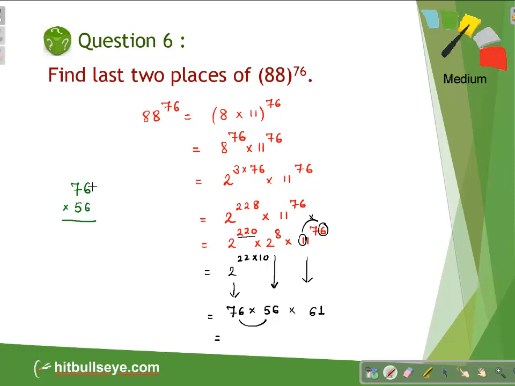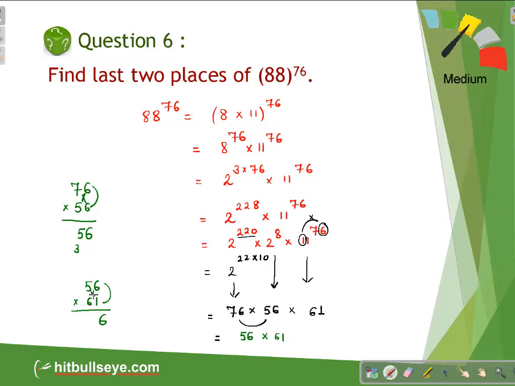In one line we will multiply. 6 into 6, 36, so 3 is carried forward. Now we will take the cross multiplication here, which comes out to be 75. So I am considering only 5, since we were interested only in the last two places, so I am leaving the rest. It is ending in 56 into 61. Once again, you can apply one line multiplication here. 6 into 1 is 6.